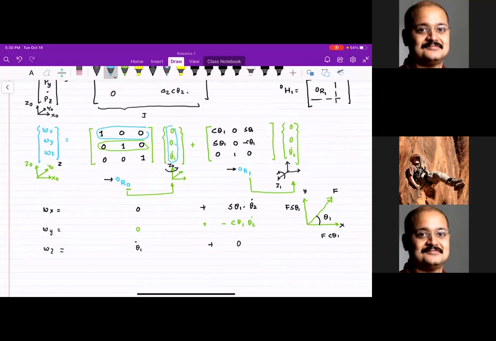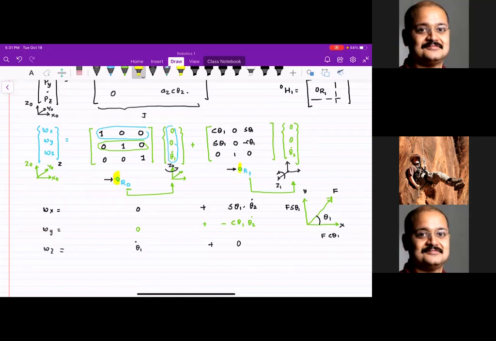Angular momentum is also a vector, just like force. So you can resolve that about x and y axis. That's what these rotation matrices are doing. That's why it is super duper important that this zero should match with this zero. That's what it's doing. Okay.